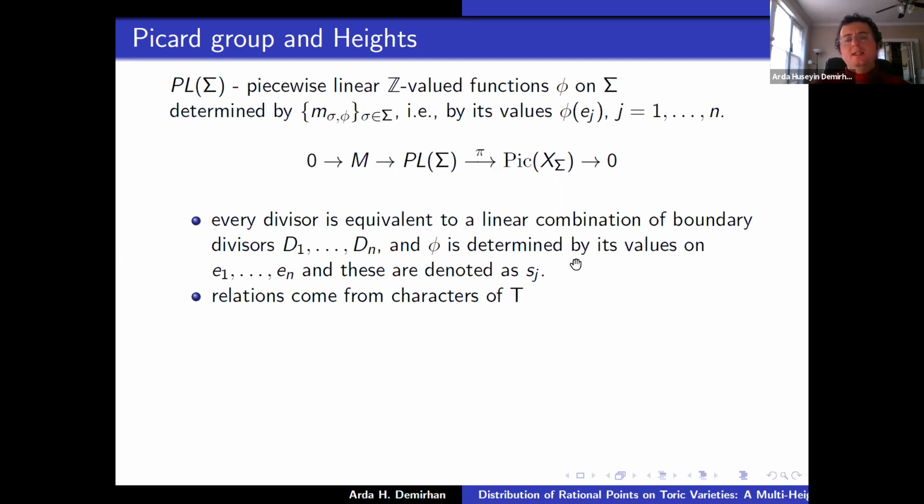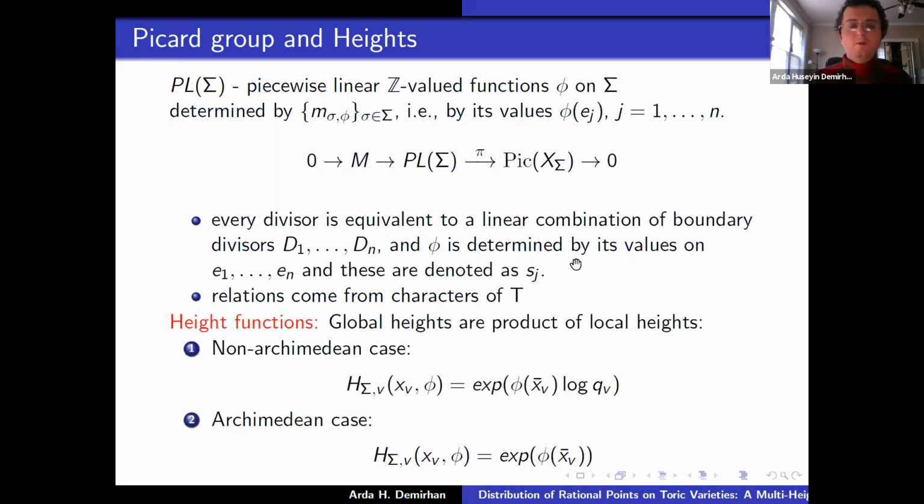One thing I'd like to say is that phi is determined by its values on the e_i, of course, and we denote their values phi(e_j) as s_j. Relations among them come from characters of T, because we consider m_sigma phi as characters of T. Now we can talk about building height functions.